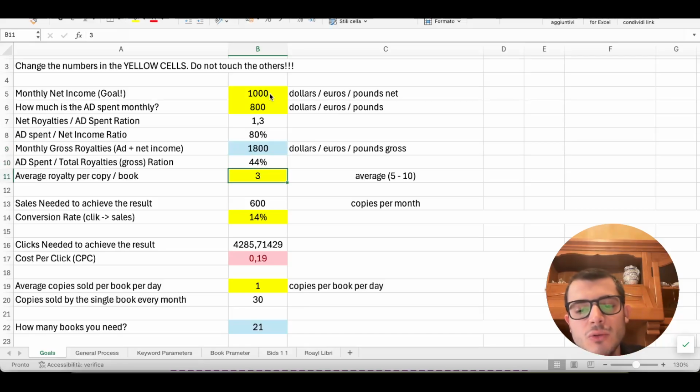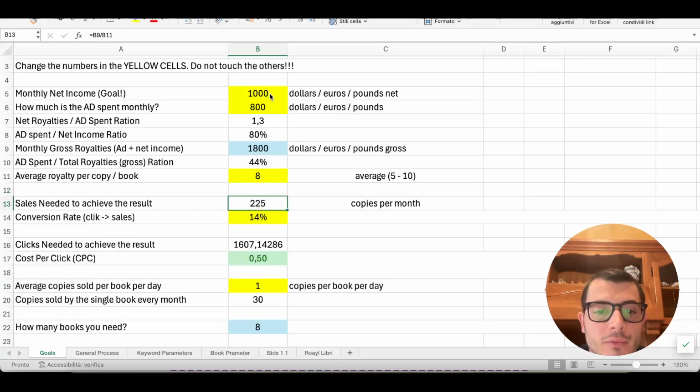But now imagine that you have, for example, $8 as a royalty for your book, and you have a conversion rate of 17%. You see now that actually you have 0.6 for your bids, and this is much higher.